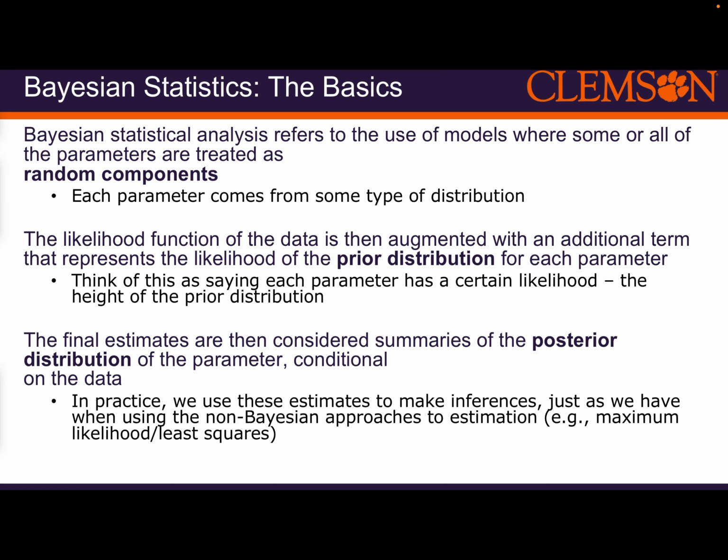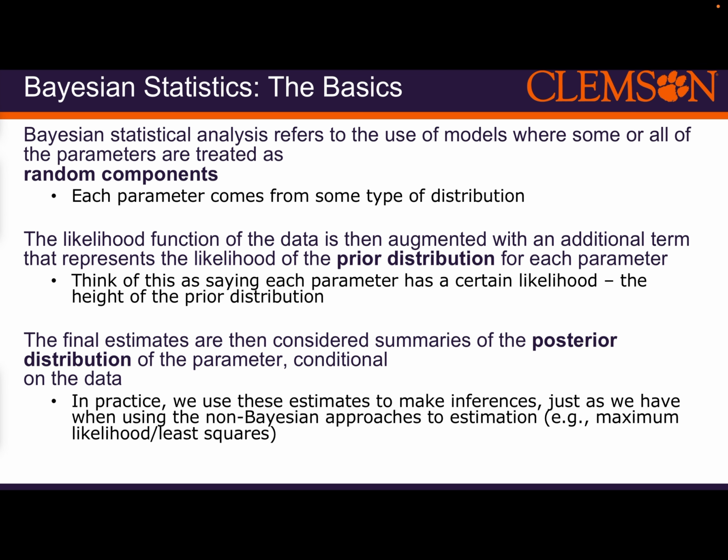So, Bayesian statistical analysis refers to the use of models where some or all of the parameters are treated as random components. That means that each parameter comes from some type of distribution. The likelihood function of the data, like the thing that was being maximized in maximum likelihood, gets augmented with this additional term that represents the likelihood of a prior distribution for each parameter.